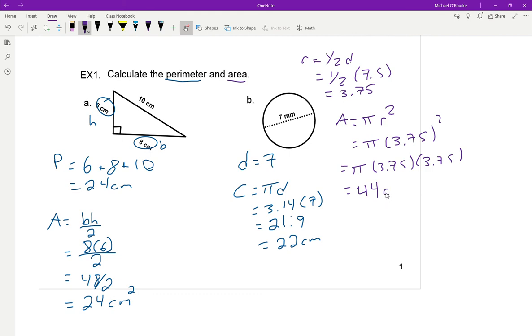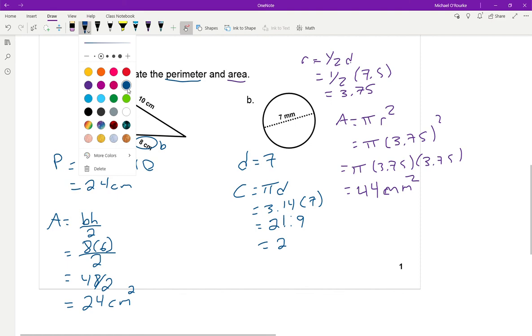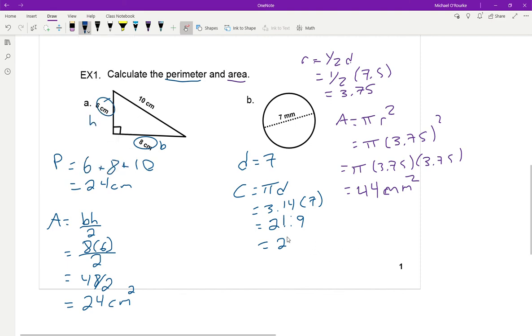That's going to be millimeters squared. I just realized I used the wrong units there. That should be 22 millimeters, like that. And there you go.